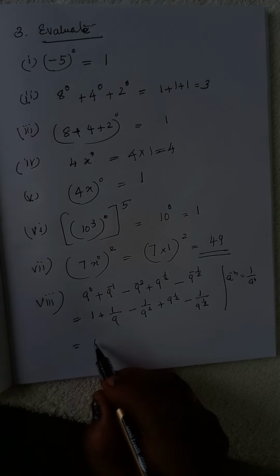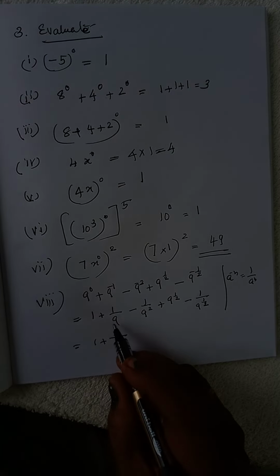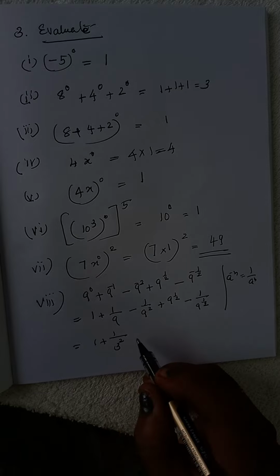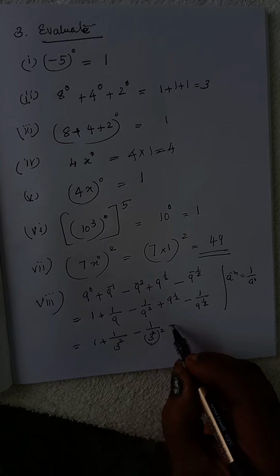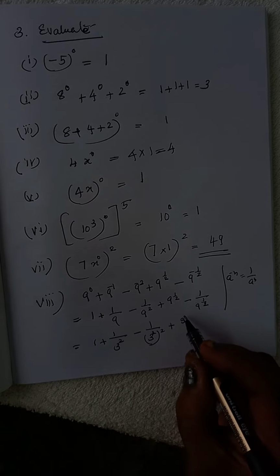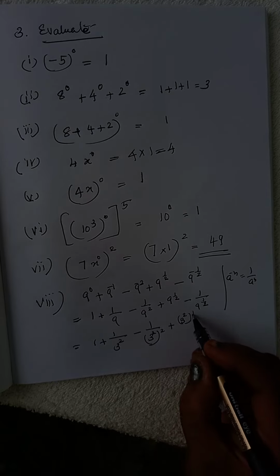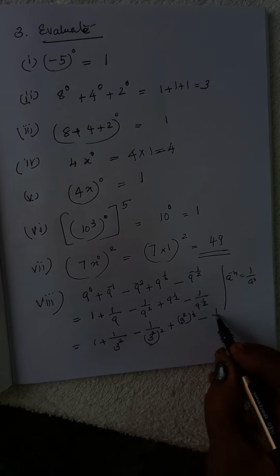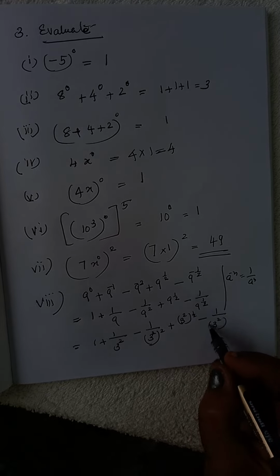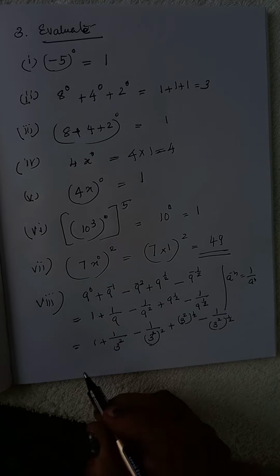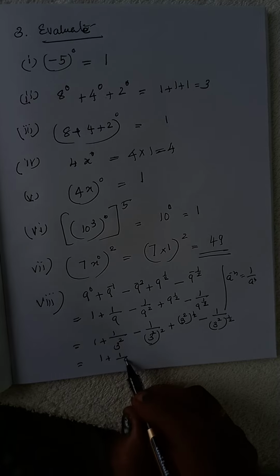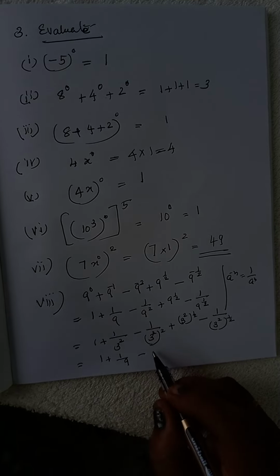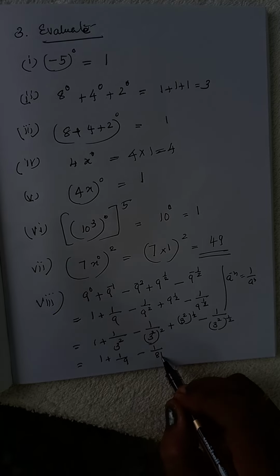This is equal to 1 plus 1 by 9 is 3^2, minus 1 by (3^2)^2, plus 9 is 3^2 raised to 1 by 2, minus 1 by (3^2) raised to 1 by 2. This is equal to 1 plus 1 by 9 minus 1 by 3^4, that is 81.